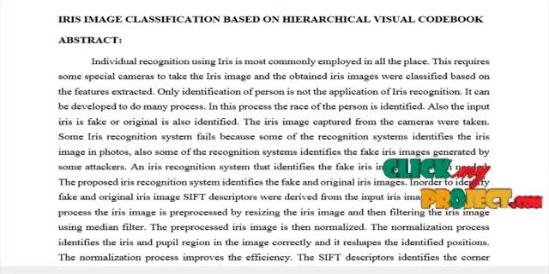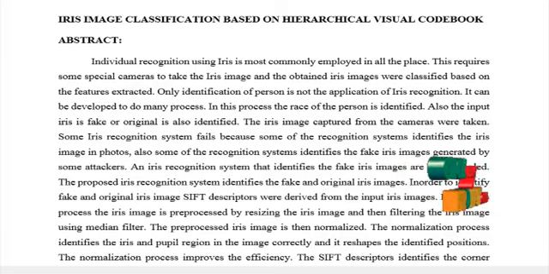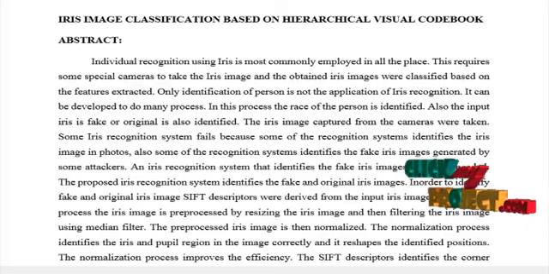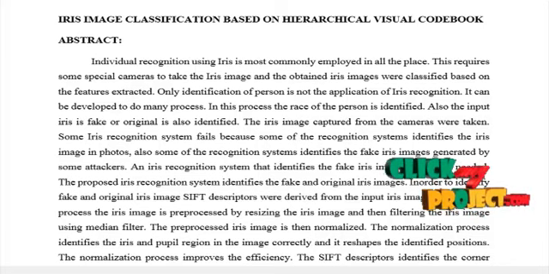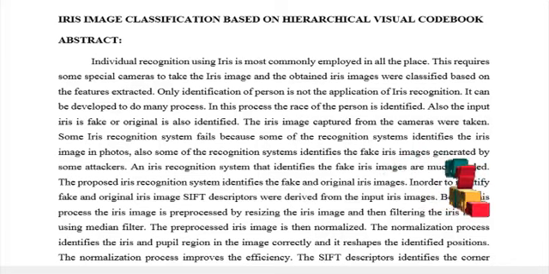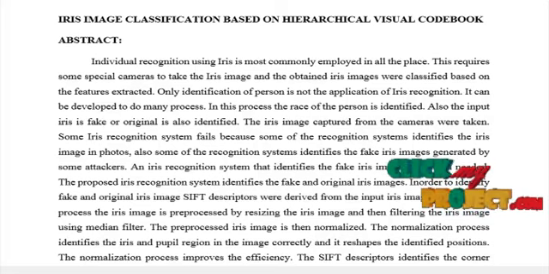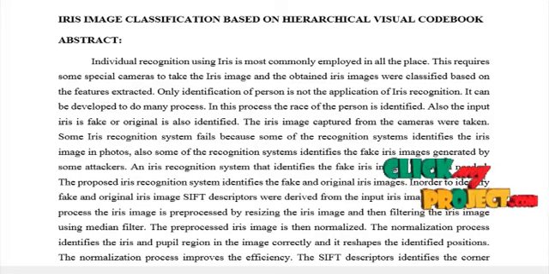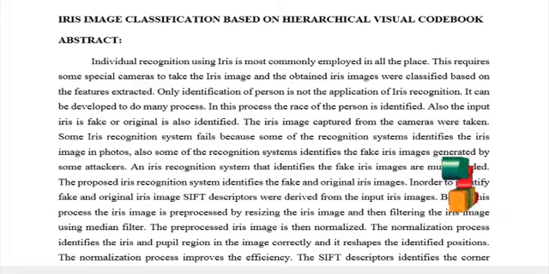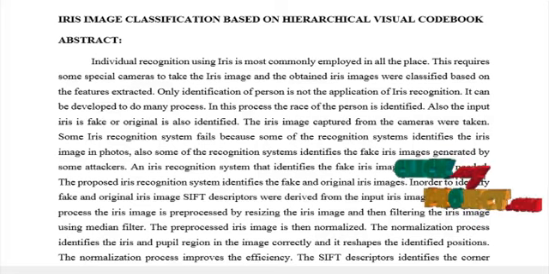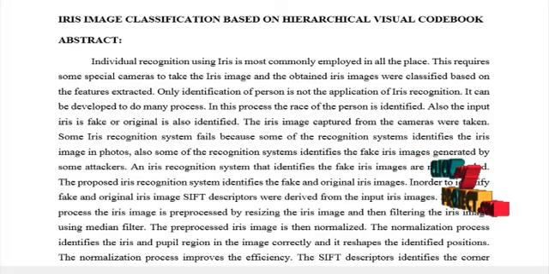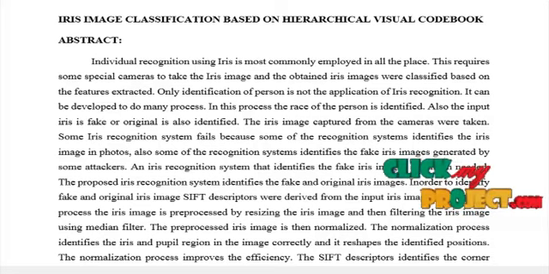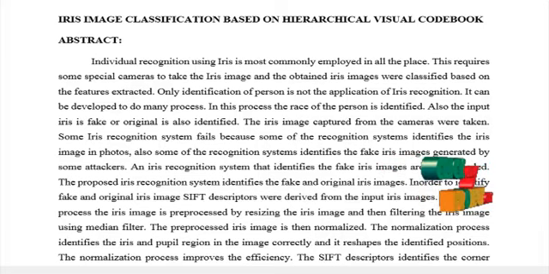Iris images are acquired through cameras with suitable infrared illumination to capture the detailed, rich, intrinsic structure of the iris, externally visible at the front of the eye. Digital templates encoded from the identified iris patterns by mathematical and statistical algorithms allow the identification of the individual. Individual recognition using iris is commonly employed in many places.